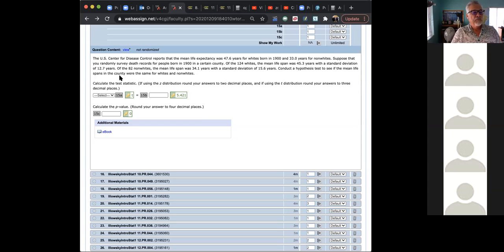Now, in this situation, we need to calculate a test statistic, all right, or a t statistic. Okay. So the Z is typically used when the sample sizes are large and the standard deviation is known. Okay.